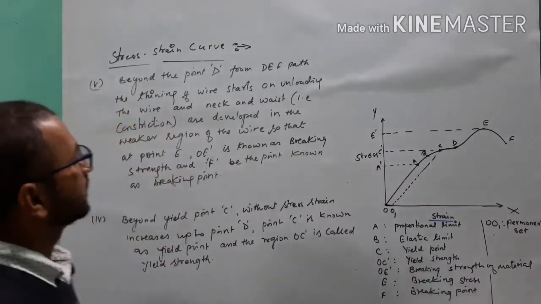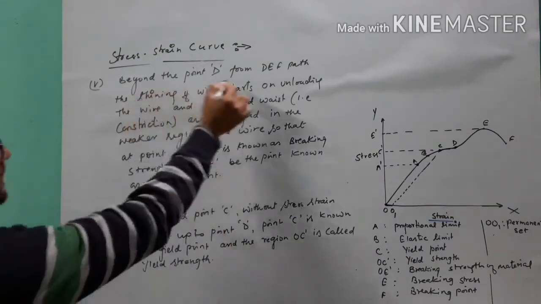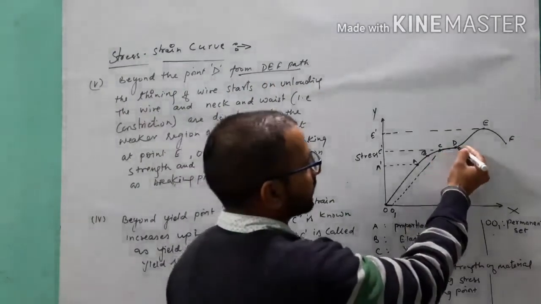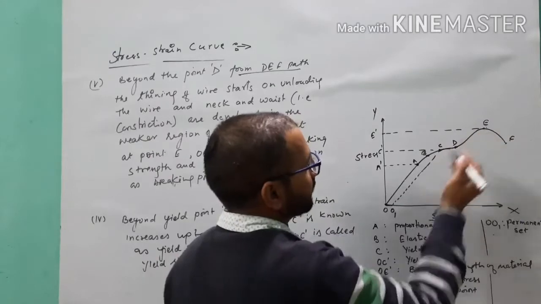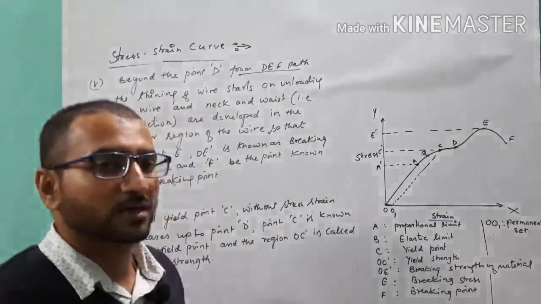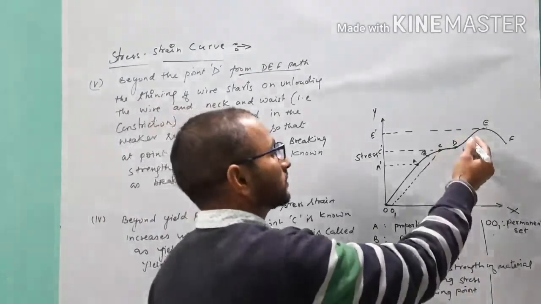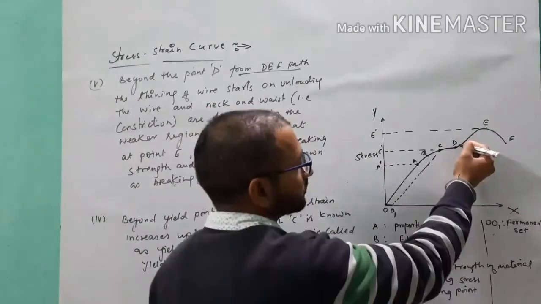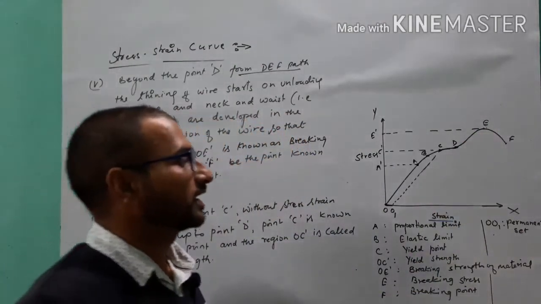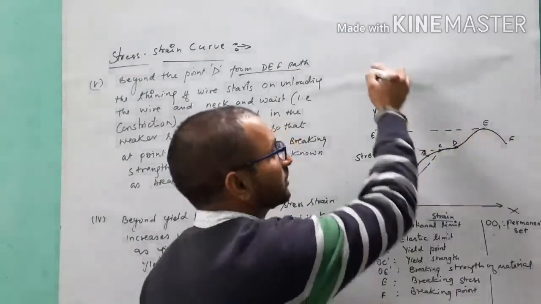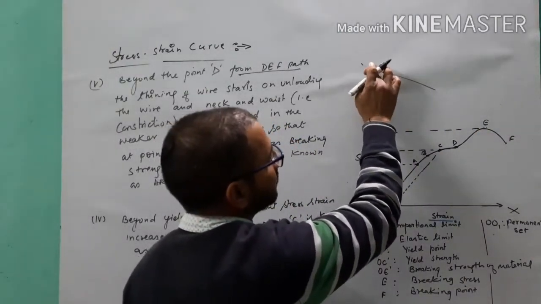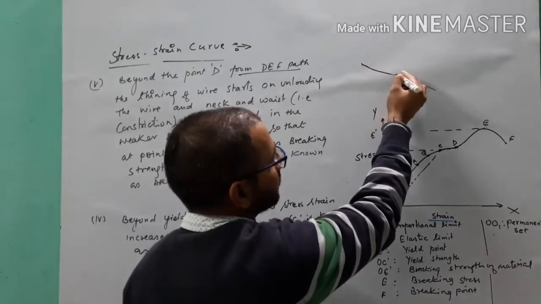We can see here, in this graph, beyond this yield point, from this path DEF, if we talk about DE, the thinning of the wire starts. If the wire is unloaded, the neck and waist are developed on the region in which the wire is weaker.